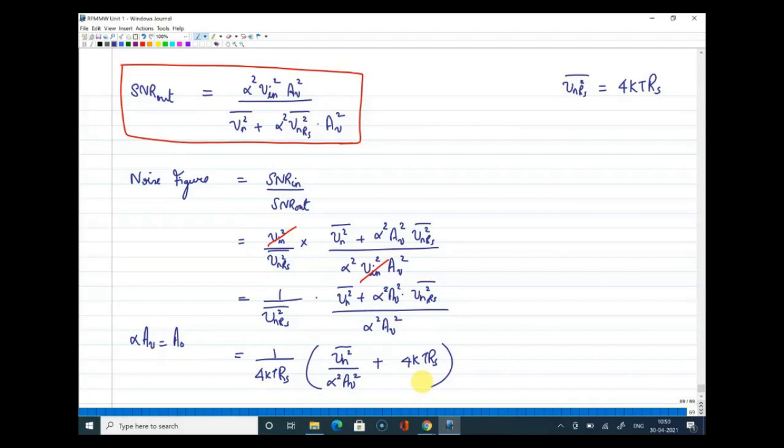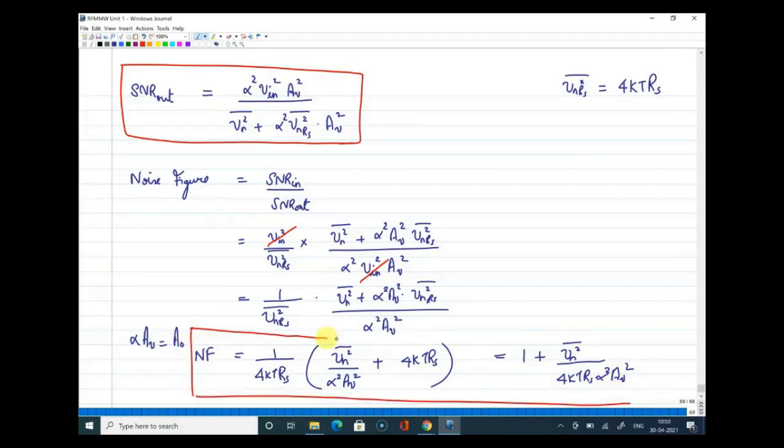Or if I simplify this further, I can write 1 plus Vn square bar divided by 4 kT Rs into alpha square Av square. This is also one way to express noise figure. We express it in different ways.